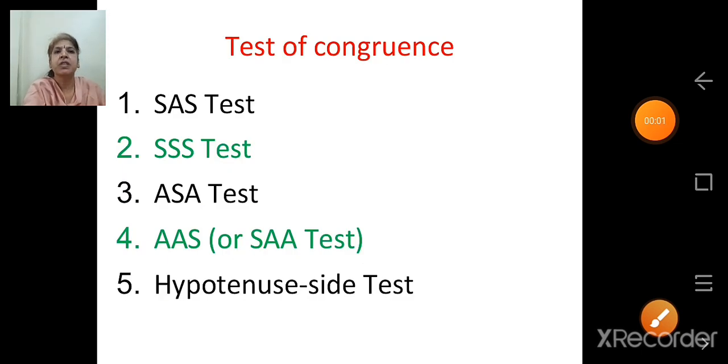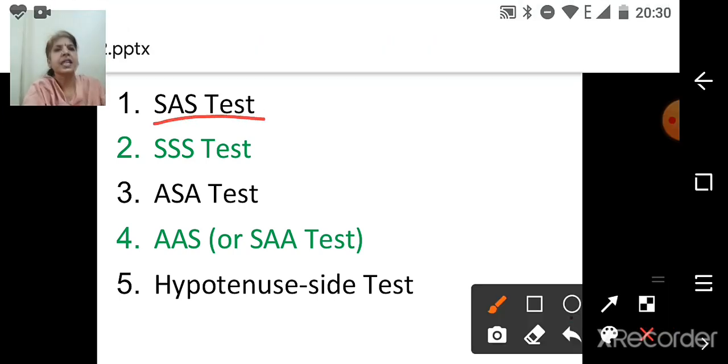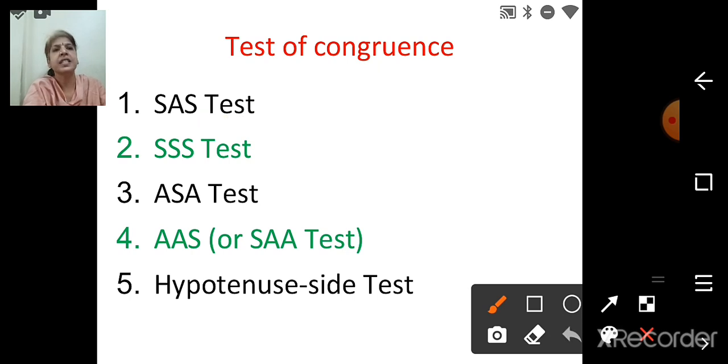So how many tests of congruency have we done? We have studied 5 tests. First one is the SAS test, side angle side. Next one is the SSS test. And then ASA, angle side angle, that is, the side should be included by the two angles.